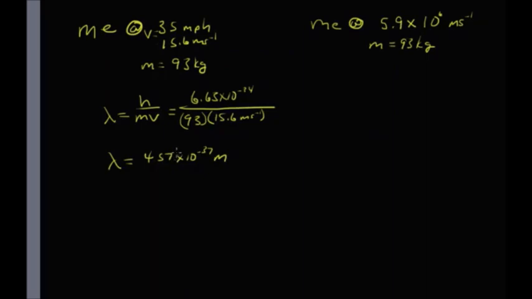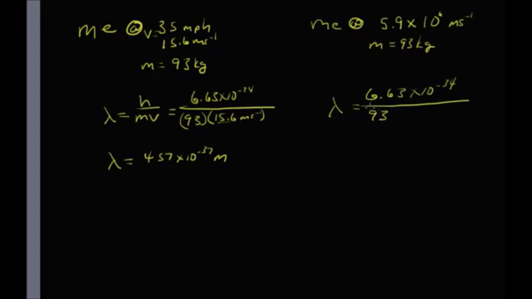The probability that I exist within this space is pretty certain, because I'm way bigger than that space. But the faster I go, the bigger my de Broglie wave should be, right? So let's see what it is. Lambda equals 6.63 times 10 to the minus 34th. I'm still 93 kilograms.